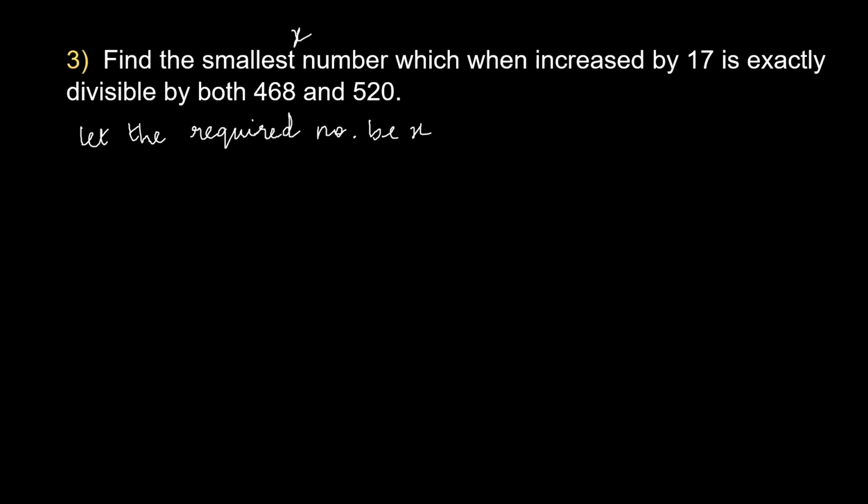We are told that when we increase this number, which is x, by 17, that number is exactly divisible by both 468 and 520. So if a number is divisible by two numbers, it has to be a common multiple. So we have to find the least common multiple, as we are told to find the smallest number.